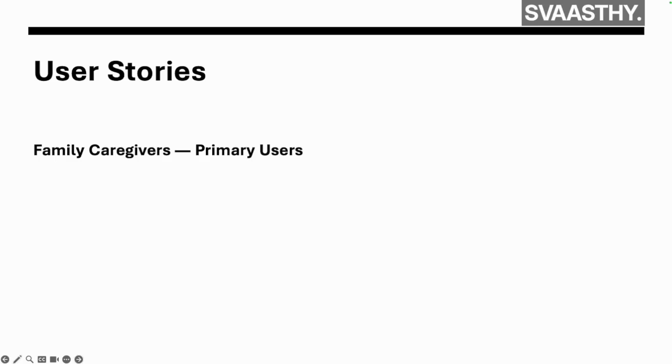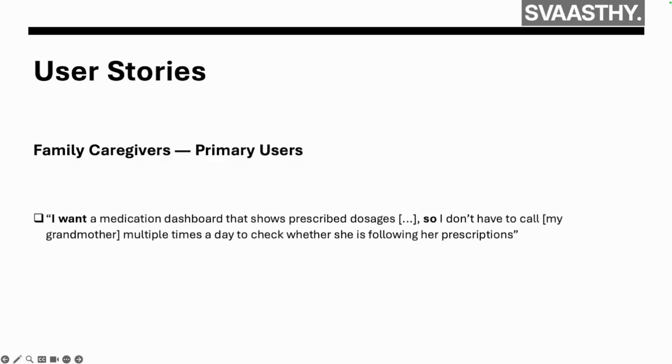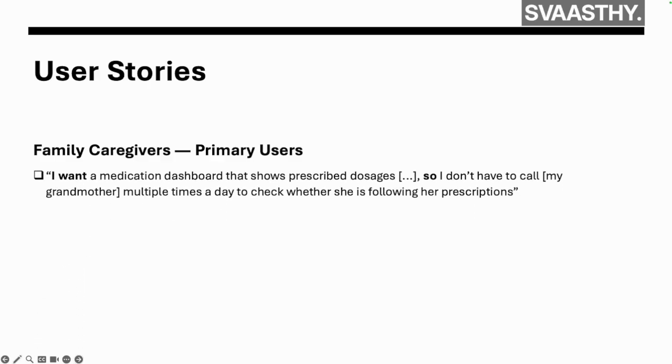So, in addition to the senior citizens, the family caregivers are also primary users of the application. A lot of the user stories for family caregivers had some overlap with what the senior citizens wanted.